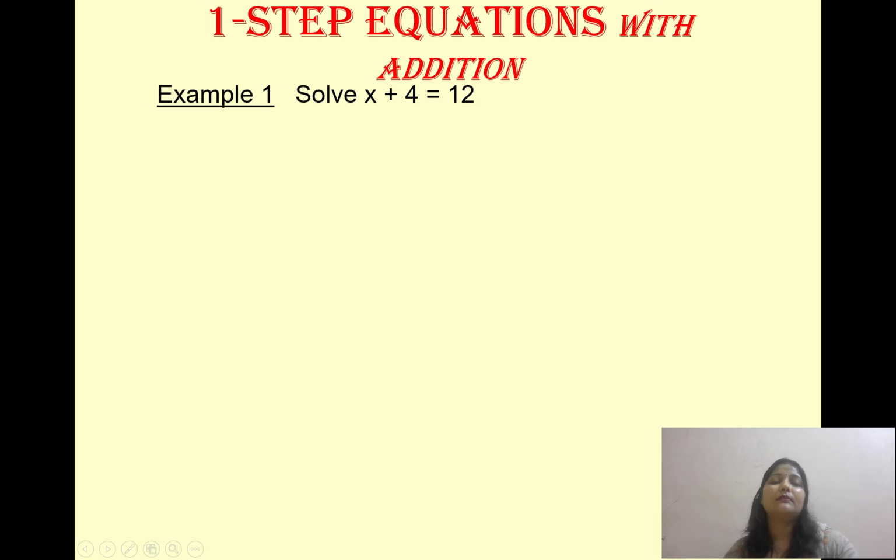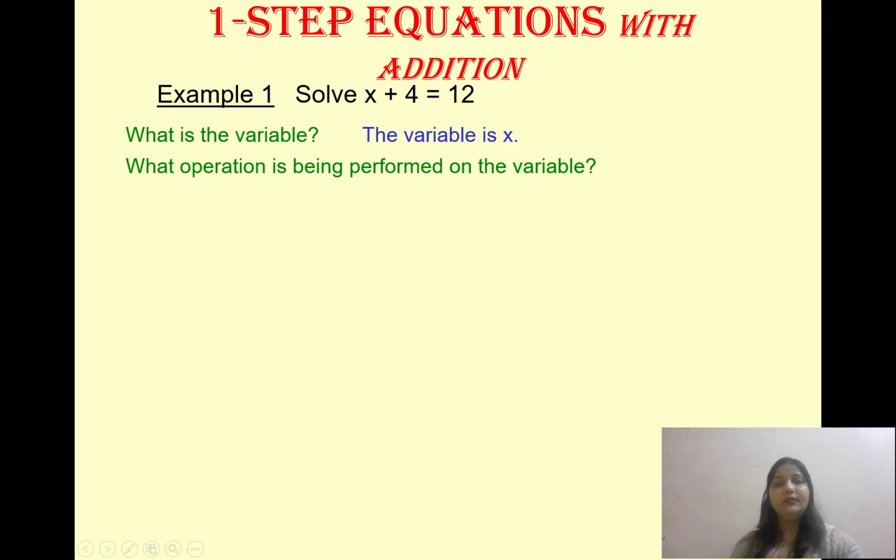How will you solve this equation? Now tell me, what is the variable? The variable is x. Now let's move to the operation. How will you find the value of x? Here you can see the operation is addition, so you need to subtract 4 from both sides, like the balance seen in the previous slide.